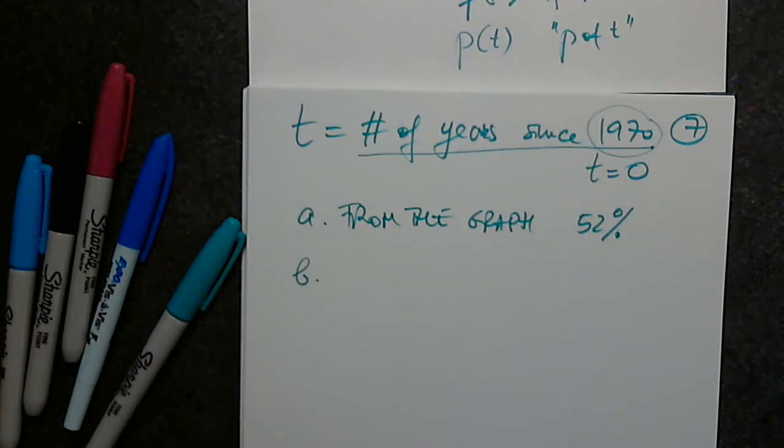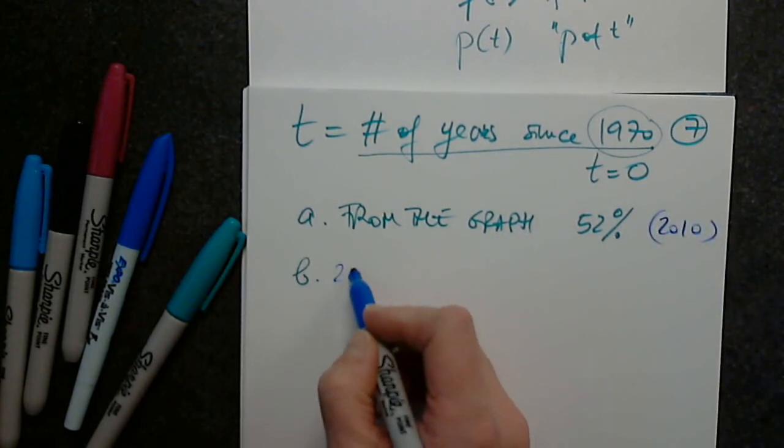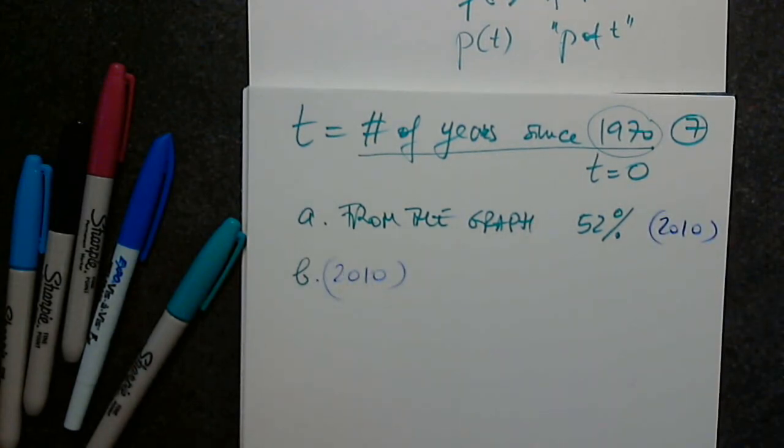Any suggestions? I know you know. I have no doubt. So this is in 2010. So how do we perform a calculation using the model for 2010?